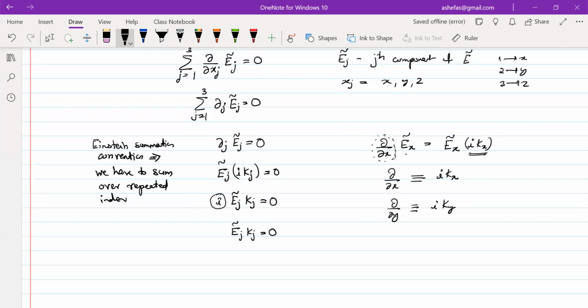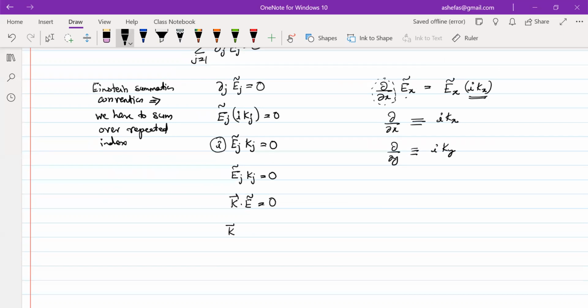So here j is a repeated index, j is coming twice, so we have to sum over j cyclically. j can be x, j can be y, and j can be z. So Ej tilde kj is basically a summation over j of Ej tilde kj. Now this is another way of writing k dot E. So what you got is k dot E tilde is 0.